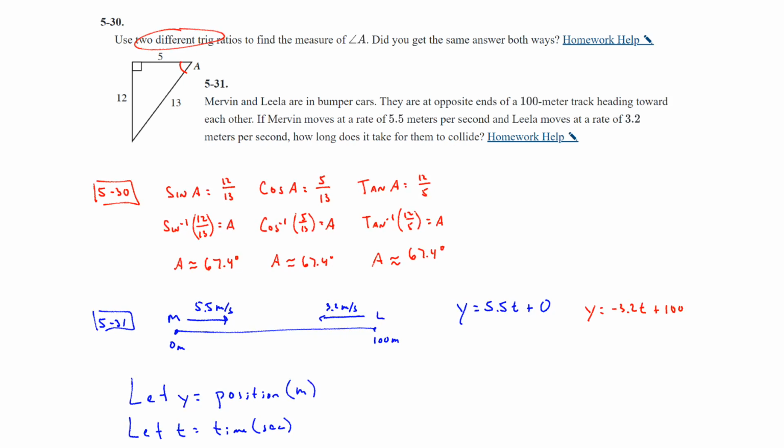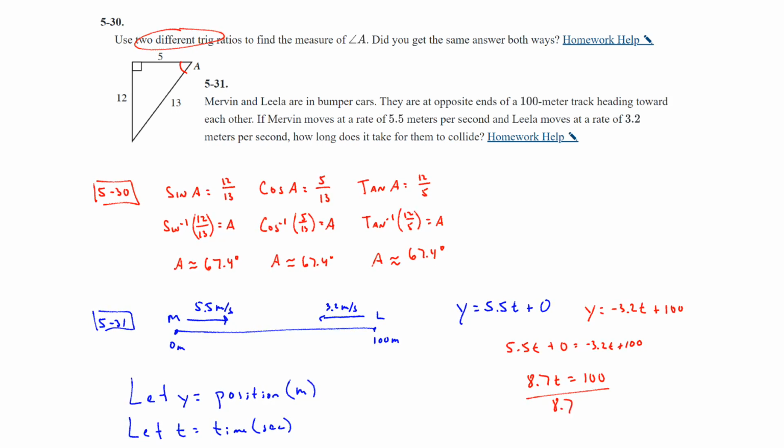And so if we want to figure out when that position is going to be the same, we can solve this system of equations. We can use the equal values method and set these two equal to each other, and then solve for time. So we can add 3.2 to 5.5, and that'll be 8.7. So 8.7t will be equal to 100.